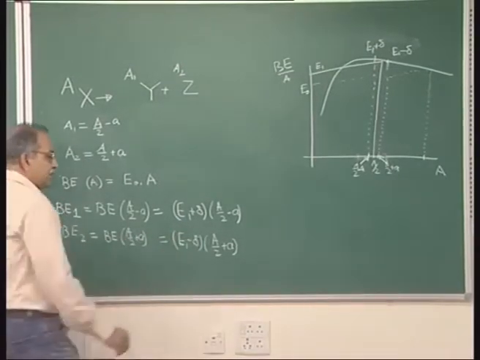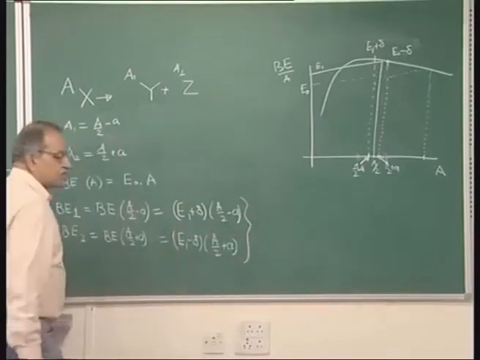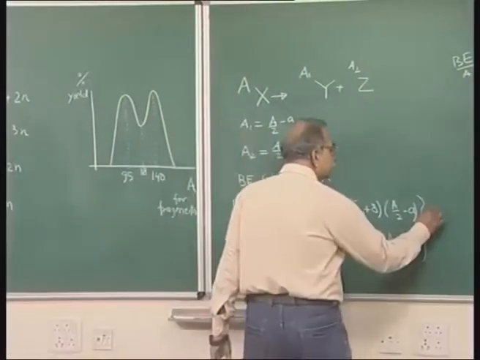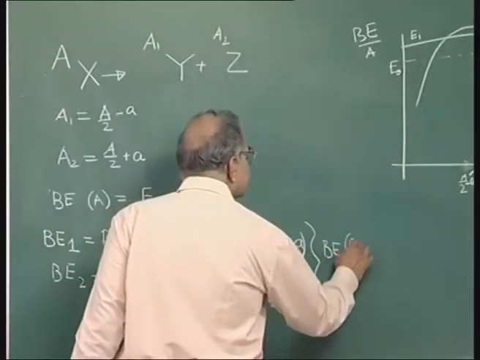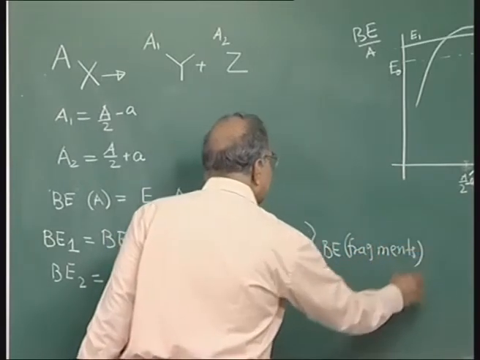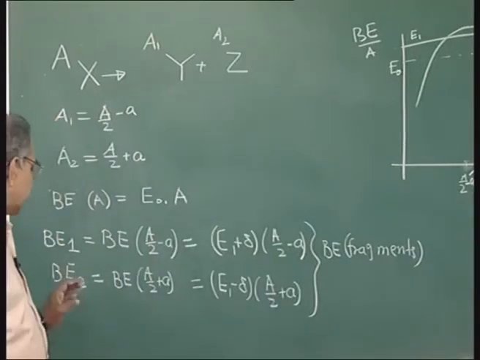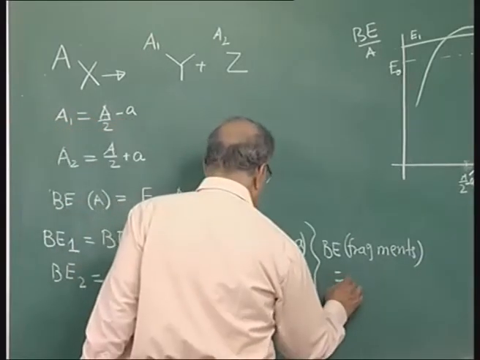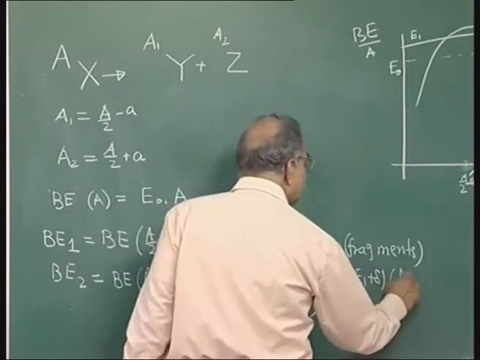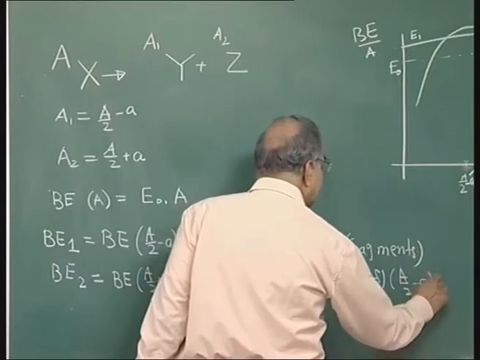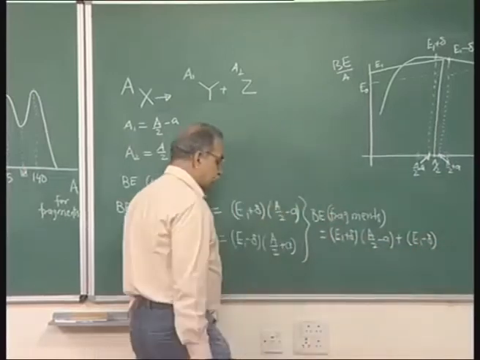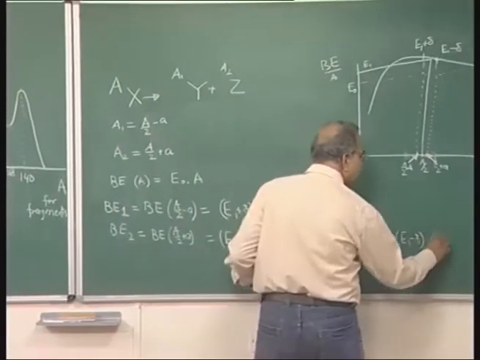So, the total binding energy after the splitting, the binding energy of the fragments, will be BE1 plus BE2, that is E1 plus delta times A by 2 minus small a, plus E1 minus delta multiplied by A by 2 plus small a.